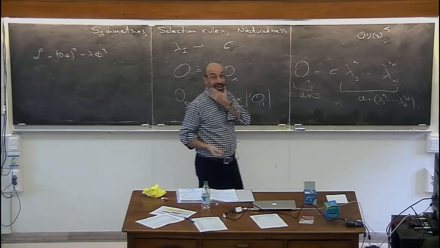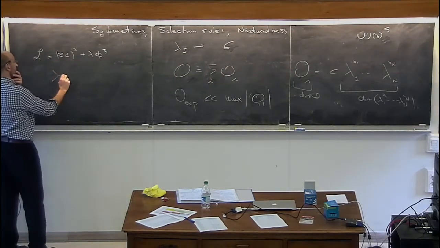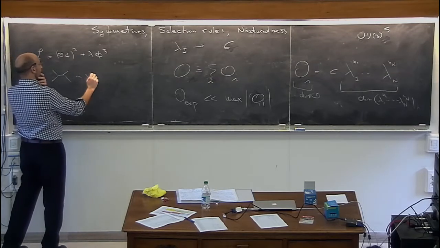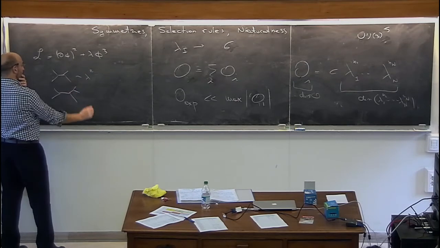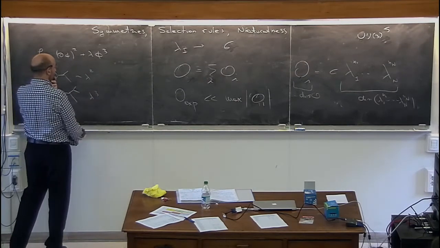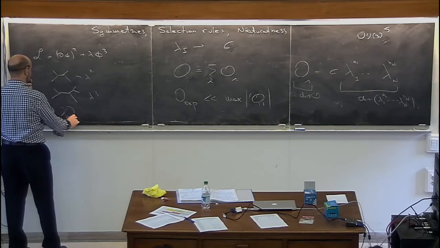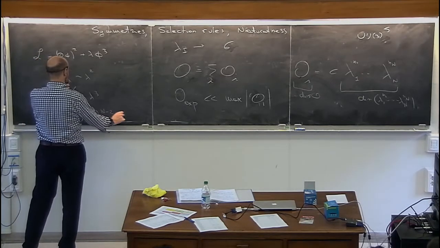And in this theory, you can do Feynman diagrams. You can easily see that the 2 to 2 amplitude goes like lambda squared. The 2 to 3 goes like lambda cubed, and so on. So the n-point amplitude goes like lambda to the n minus 2.